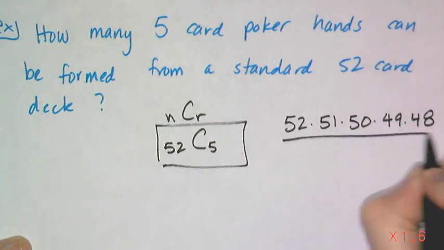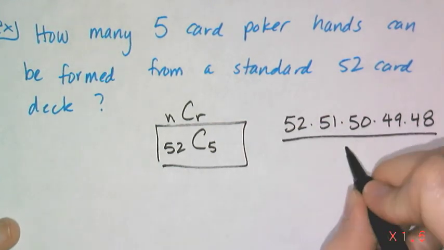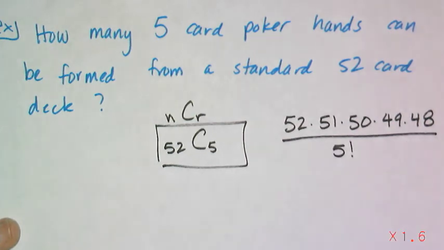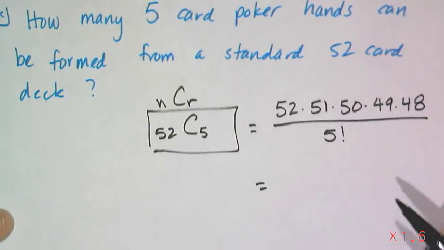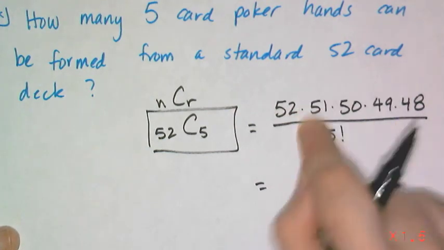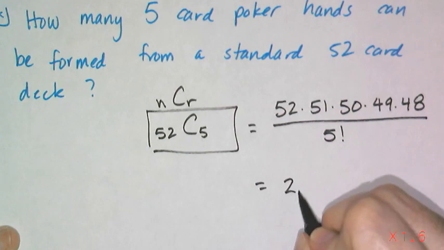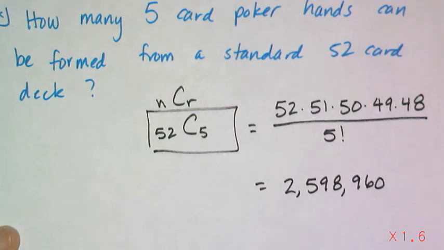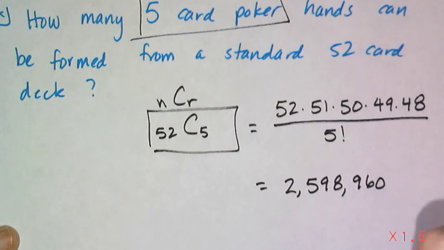But then I have to go and divide out the number of ways there are to arrange those 5 cards, which is 5 factorial. And if I do some math and get a calculator, because I would not do this multiplication by hand, you're going to end up with 2,598,960 different 5-card poker hands from a standard single deck.